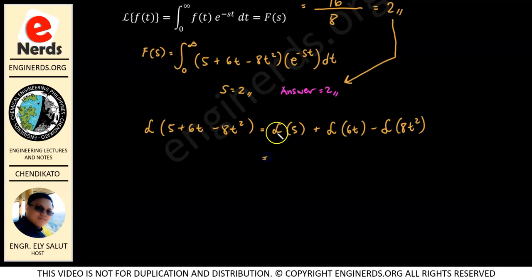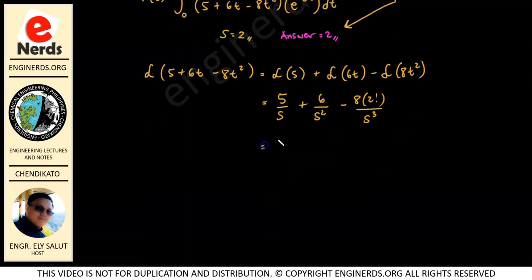So, this is equal to the Laplace transform of 5, which is equal to 5 over s, plus the Laplace transform of 6t, which is equal to 6 over s squared, minus the Laplace transform of 8t squared, which is equal to 8 times 2 factorial over s cubed. Okay? So, we have here 5 over s plus 6 over s squared minus 8 times 2 factorial, which is equal to 8 times 2. So, this is equal to 16 over s cubed.